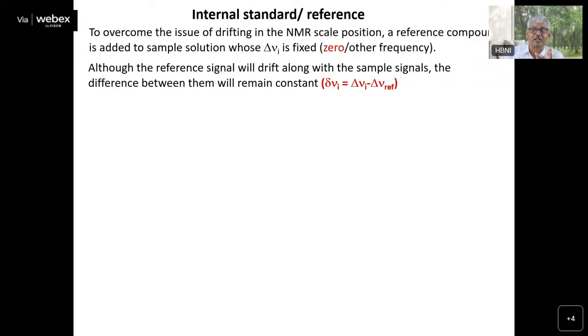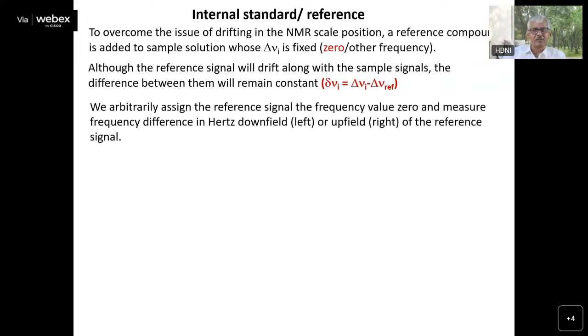So delta nu I equals delta nu I minus delta nu reference. We have removed the uncertainty of precisely detecting the NMR frequency, and the uncertainty of magnetic field and electronic component noise, by putting in a reference.